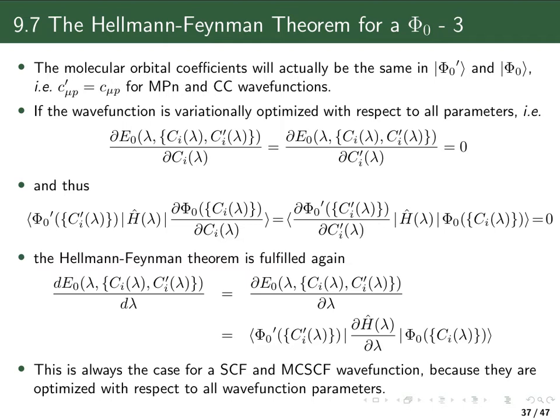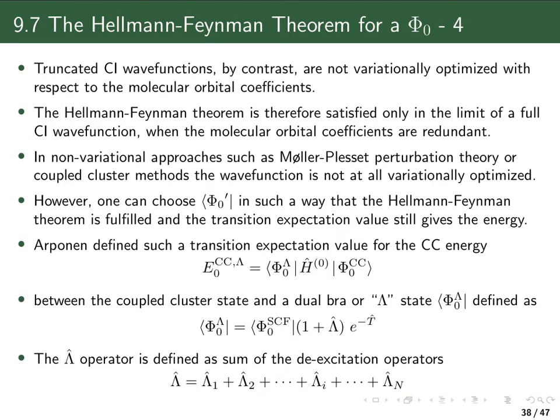So for approximate variational wave functions, the Hellmann-Feynman theorem is actually fulfilled, which means that the derivative of the energy with respect to a parameter lambda in the Hamiltonian is the same as just the expectation value of the corresponding derivative of the Hamiltonian with respect to this parameter lambda. So for SCF, meaning Hartree-Fock, and MCSCF wave functions, the Hellmann-Feynman theorem is fulfilled. It's also fulfilled for the full configuration interaction method.